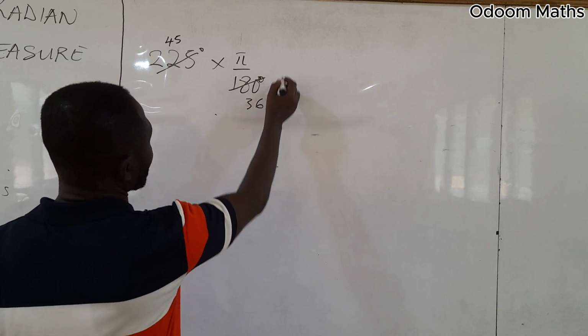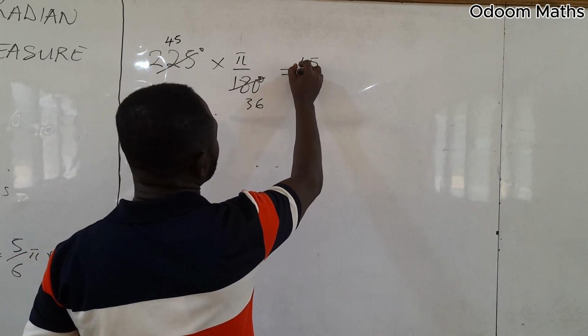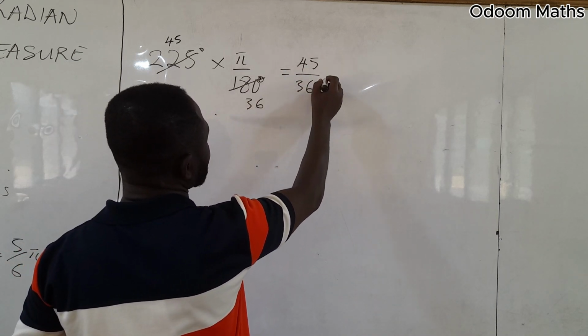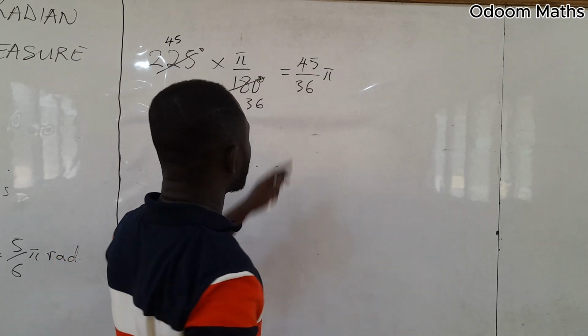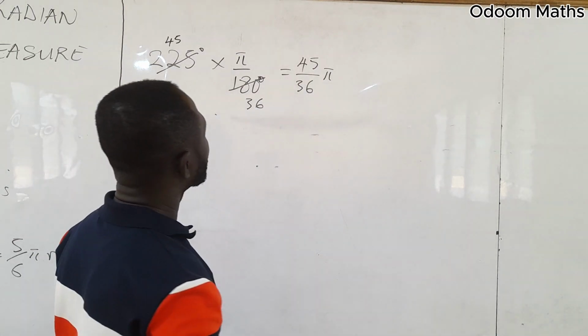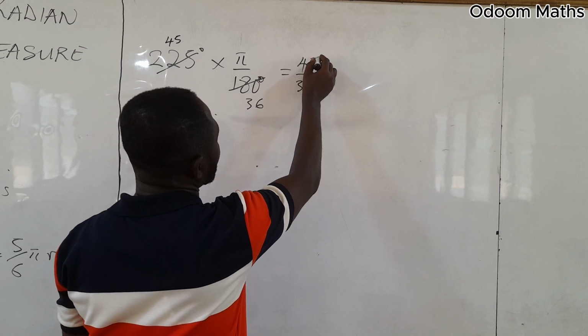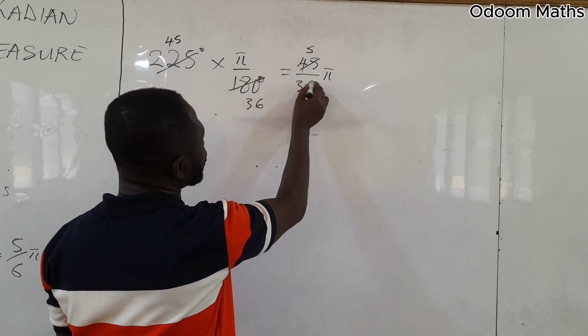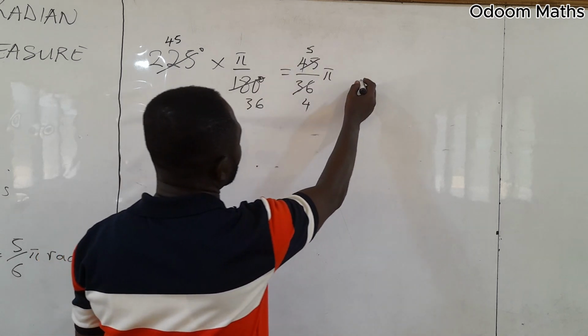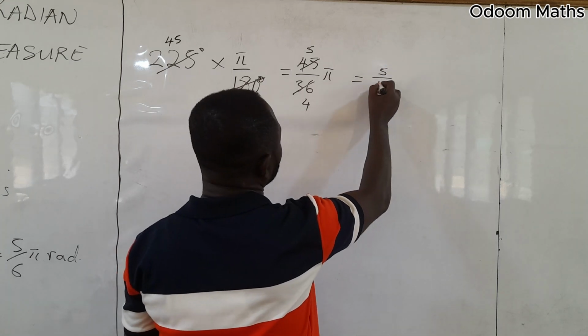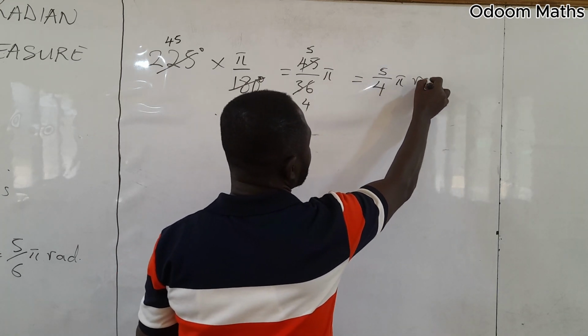So we have 45 over 36 pi. Now let's reduce this again. 9 into 45 is 5, and 9 into 36 is 4. So the answer is 5 over 4 pi radians.